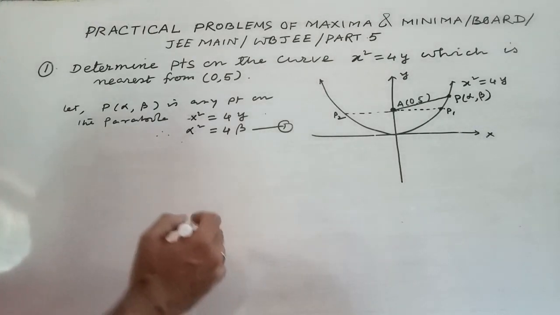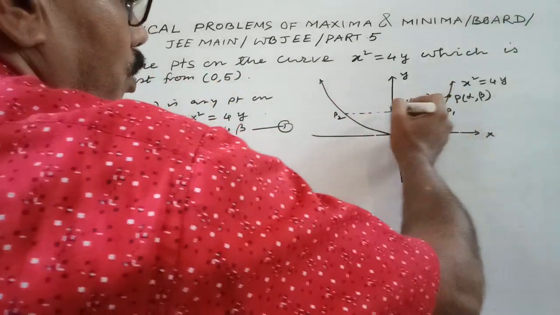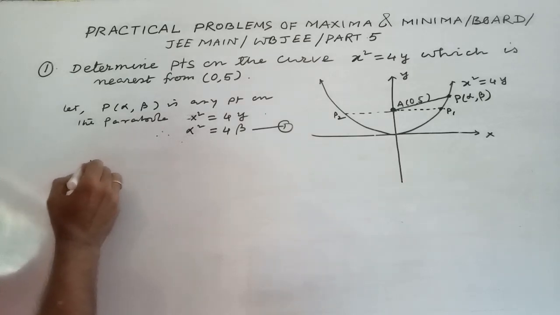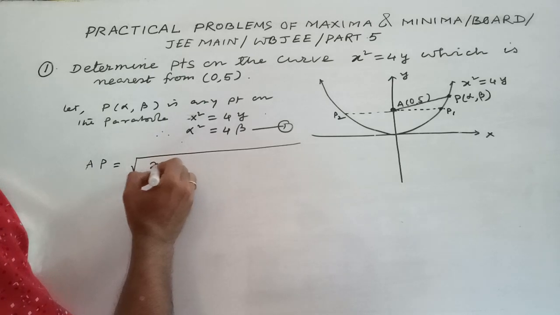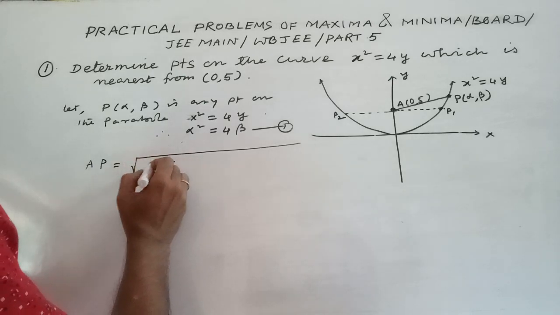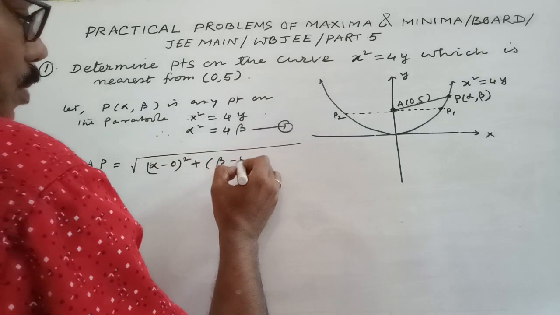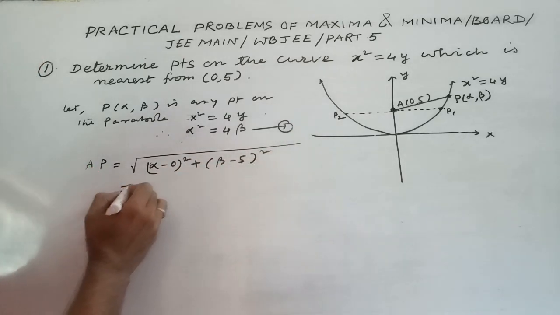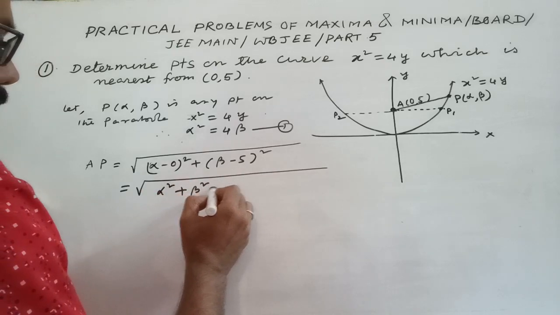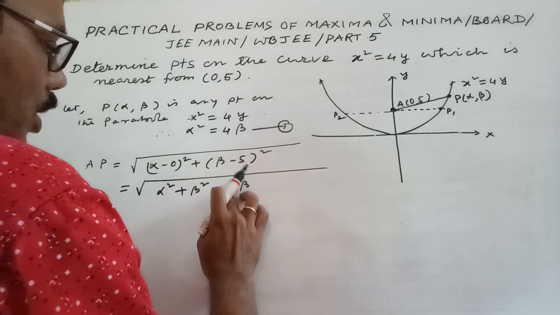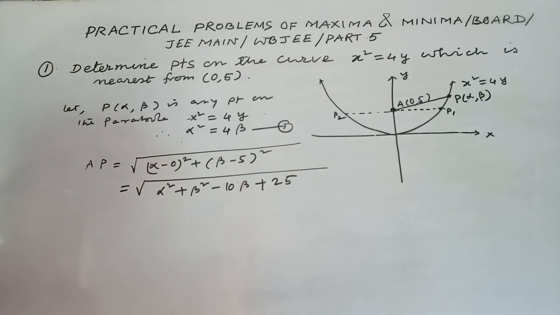Now, you have to find the distance of P from A. So, AP equals root over (alpha minus 0) whole square plus (beta minus 5) whole square. So, alpha square plus beta square minus 10 beta plus 25.